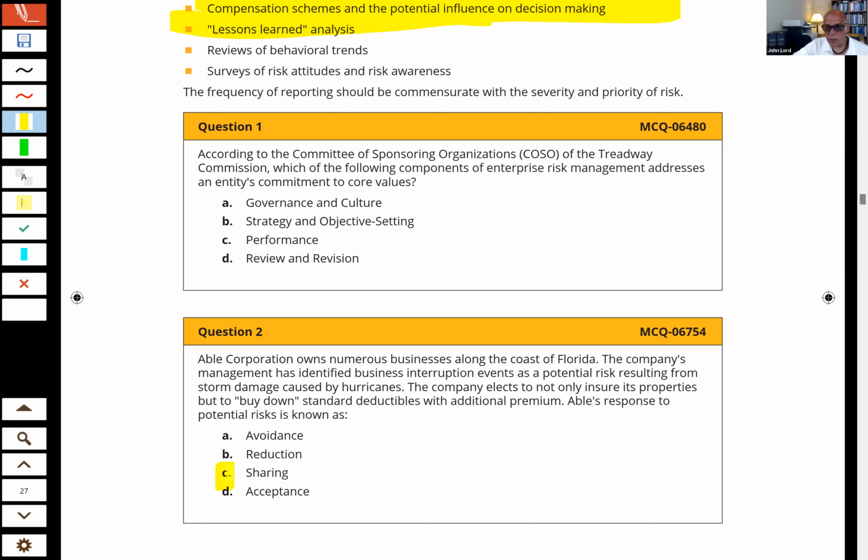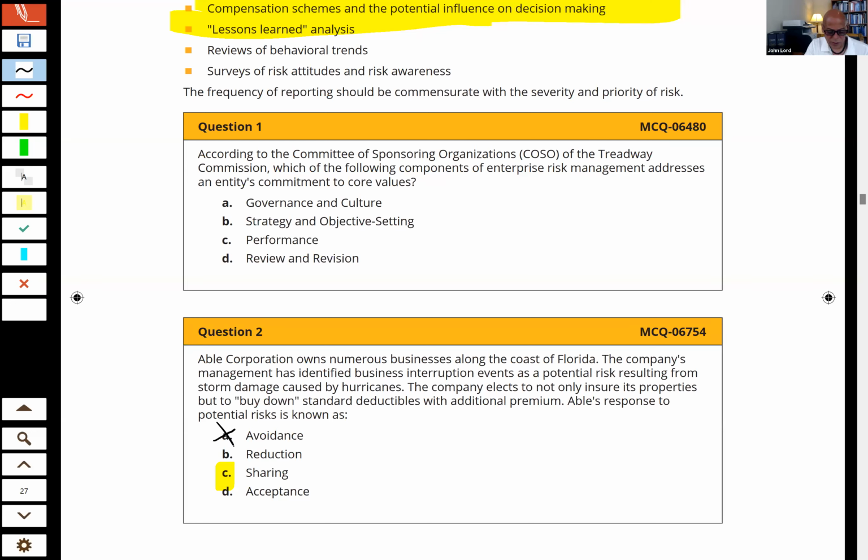Able's response, well, avoidance would be what? I guess move out of Florida. I mean, that's the only way I could see avoiding hurricanes that you think are going to come, unless you got some way of influencing the weather. So I would say, no, that's not avoidance because they're not talking about moving.